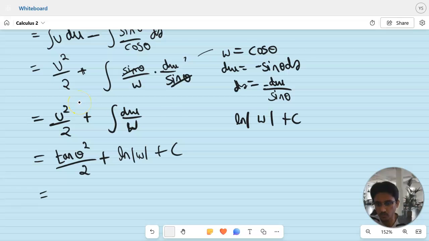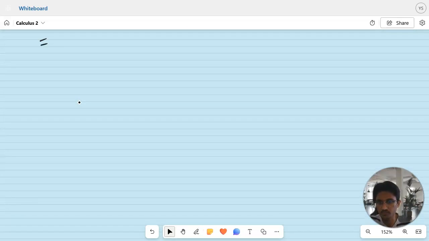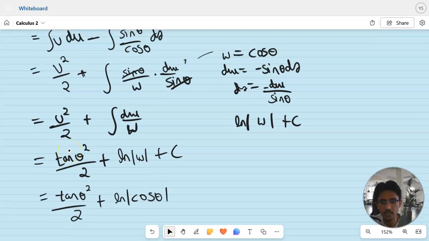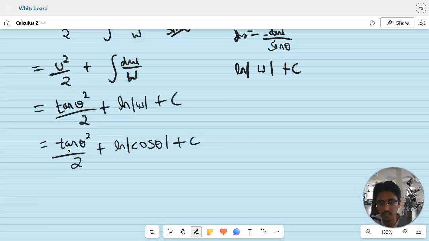So it's going to be tangent squared theta over 2 plus natural log of cosine theta, because that was our w, and plus c. Alright guys, that's our final answer.